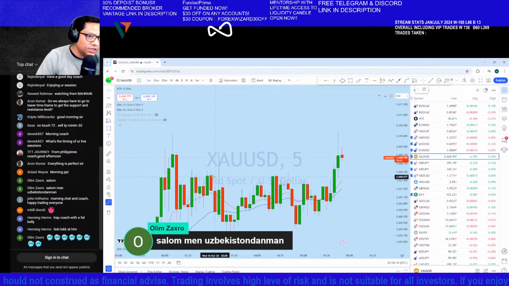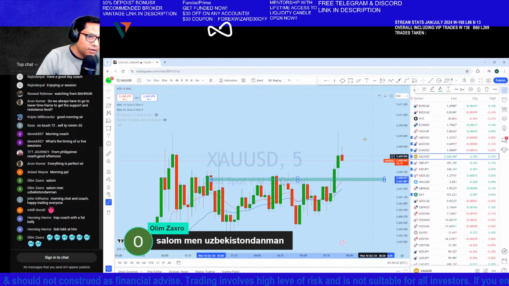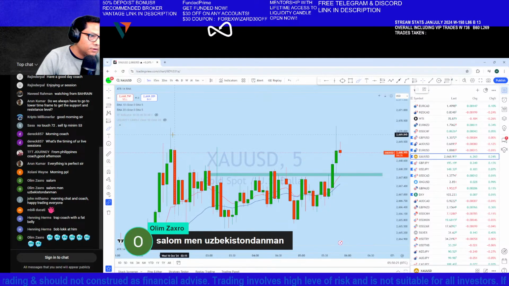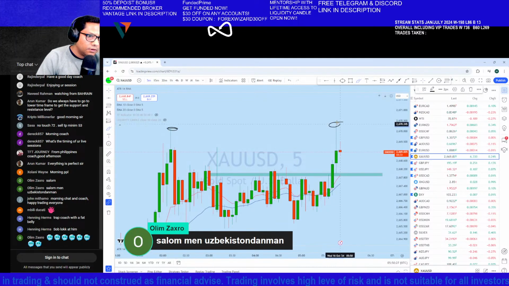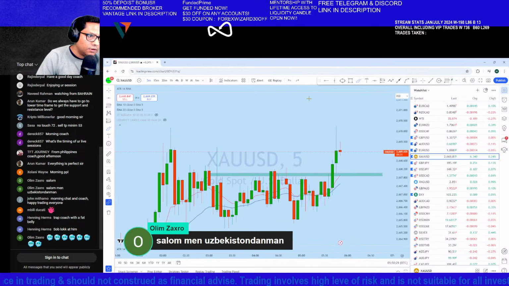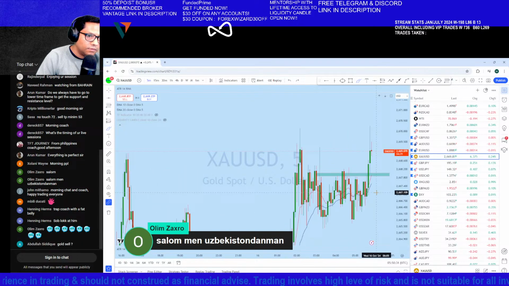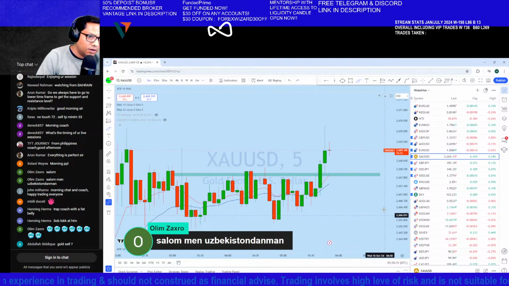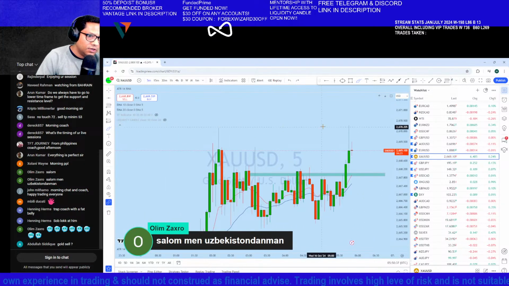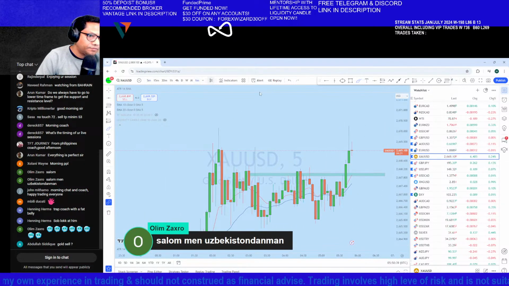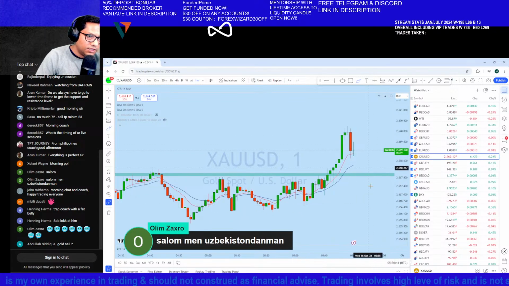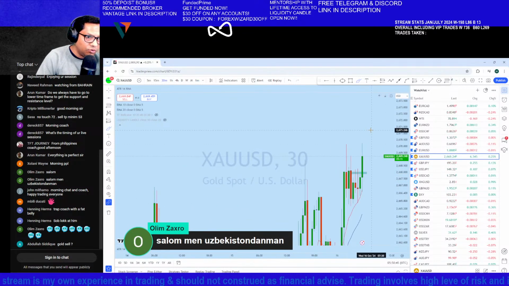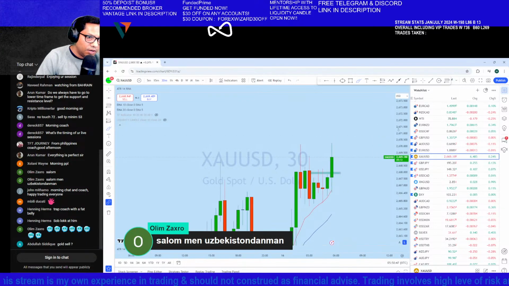Okay, so we can see now it's coming for a pullback from the resistance after the break of this high here. It might go to fill that weak area, but I wouldn't take the risk at the moment because it's on the resistance line. Rather, if it breaks the support, then we can look for entry here.